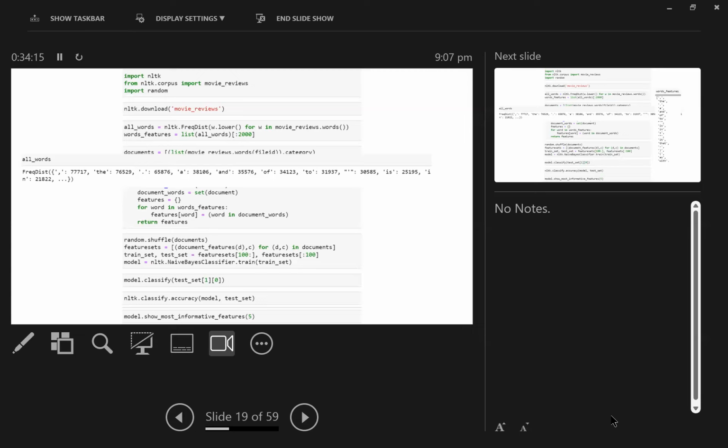Other than that, the next ones are the tokens either, then the colon, and then a, and then n, and so on and so forth. So this just ranks all the words by frequency of appearance in our data set.